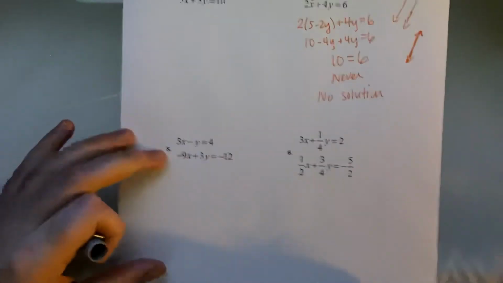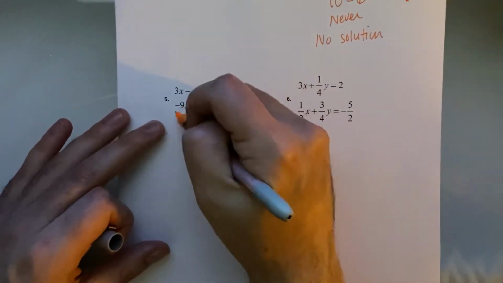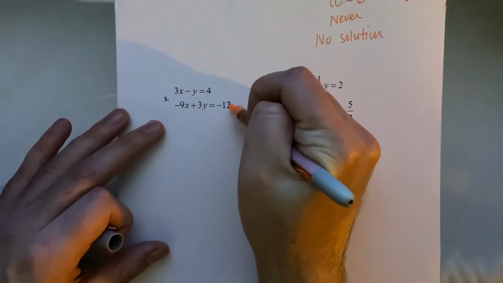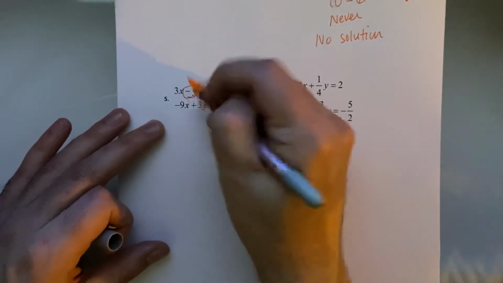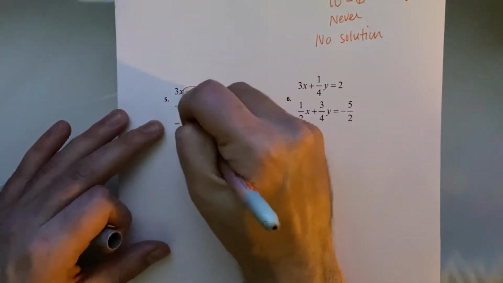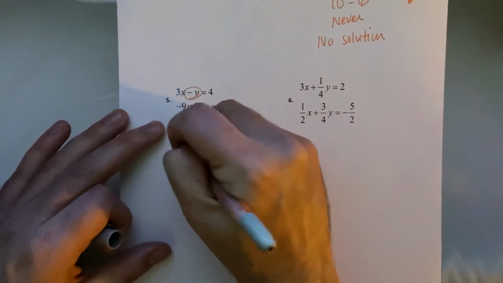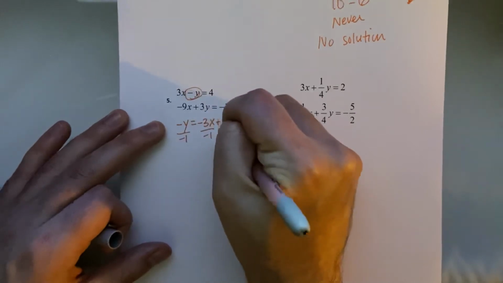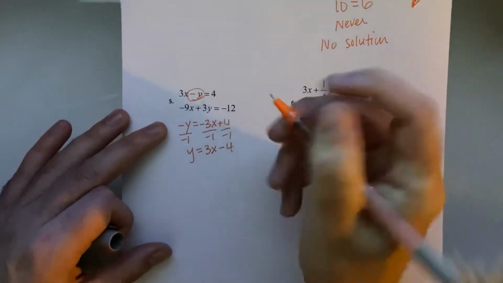Speaking of that, let's look at number 5. 3x minus y equals 4, negative 9x plus 3y equals negative 12. The easiest term to get by itself is probably going to be this y. So we get negative y equals negative 3x plus 4 by subtracting 3x over, divide by negative 1. We get y equals 3x minus 4.